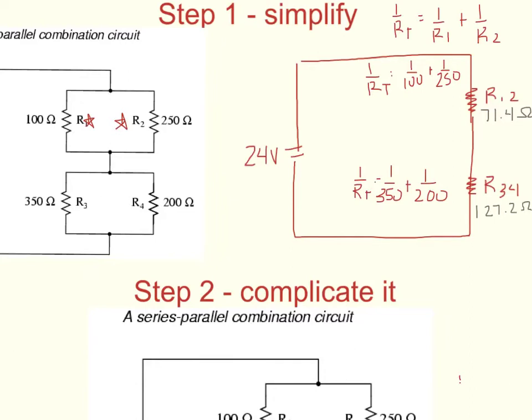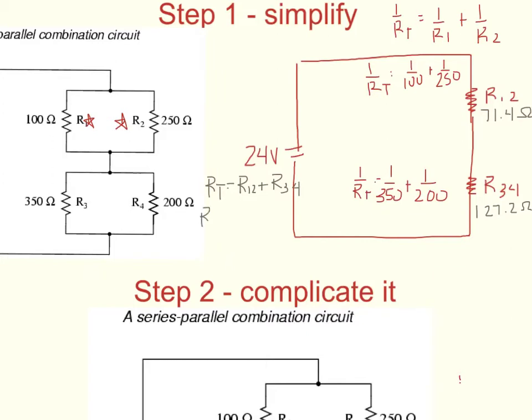Okay, now what we can do is think about what that means for our equivalent resistance. We now have two resistors that are in series. The rule for when things are in series is to say RT equals R12 plus R34.